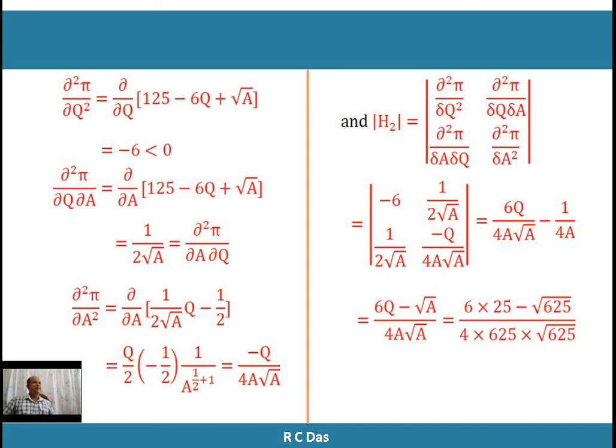Here we put the values of a and q: 6 multiplied by 25 minus root 625, divided by 4 multiplied by 625 multiplied by root 625. After solving it we get 1 by 500, that is a positive value, that is why it is greater than 0.